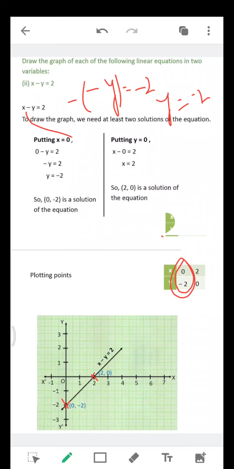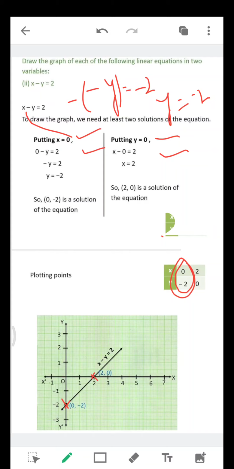Suppose one of your friends took x is equal to 1, y is equal to 1, or another friend took x is equal to 2, y is equal to 2. Anything you can take, doesn't matter, because this equation has infinite solutions. So when you draw the graph, it looks the same for everyone. You can try it and check with your friends. Take different solutions, the graph will look the same.